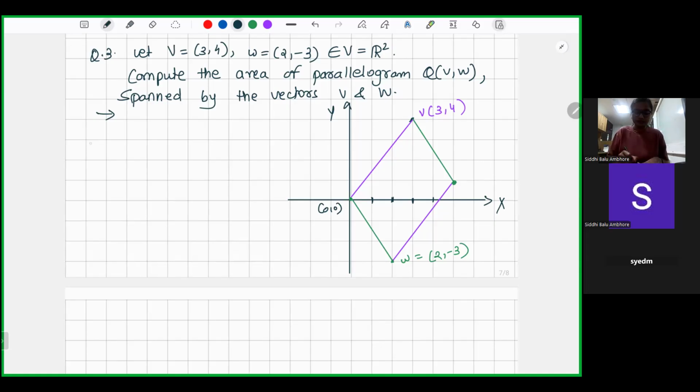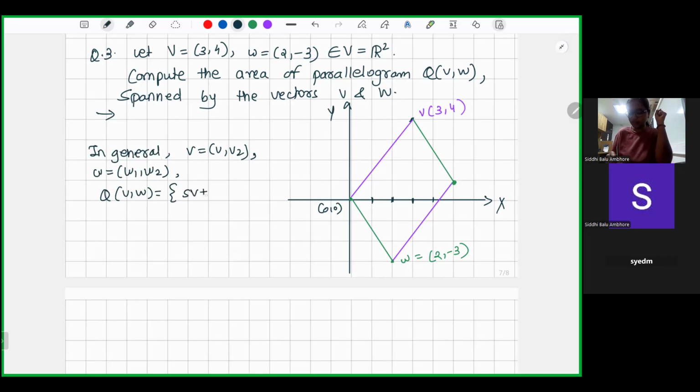But in general, for V equal to V1 comma V2 and W equal to W1 comma W2, this Q VW is just all the elements SV plus TW such that 0 less than or equal to S comma T less than or equal to 1. Okay, in general it is this set.